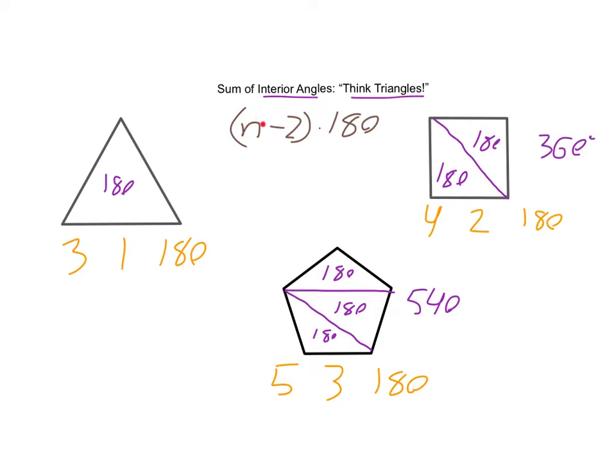So 3-side figure, 1 triangle times 180, 1 times 180 is 180. 4-side figure, 4 minus 2 is 2. 2 times 180 gives us our 360. 5-side figure, n minus 2 is 3. 3 times 180 gives us our 540.